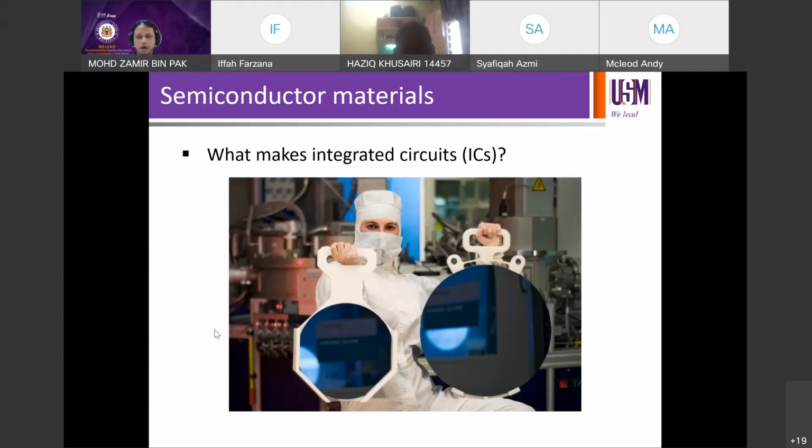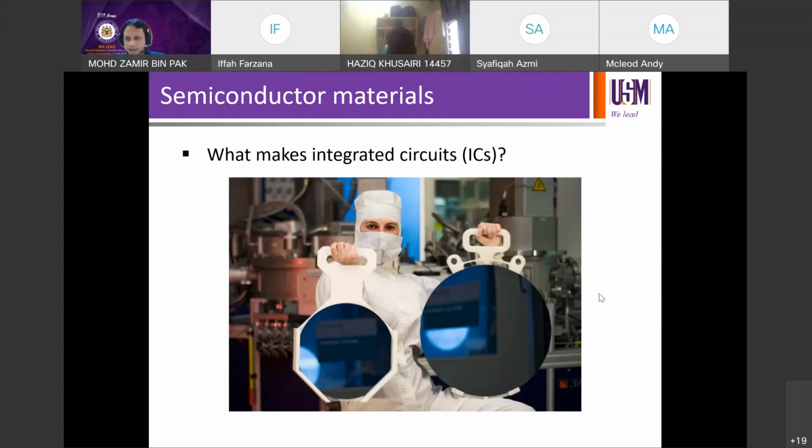So can you guess what is the diameter of the wafer on the left? Yang kecil tu. What do you think is the diameter of the wafer? Any guess? In terms of inch, berapa inch rasa-rasa? Ataupun in terms of mm? We normally use inch and mm in wafer fab. 25 cm, okay.